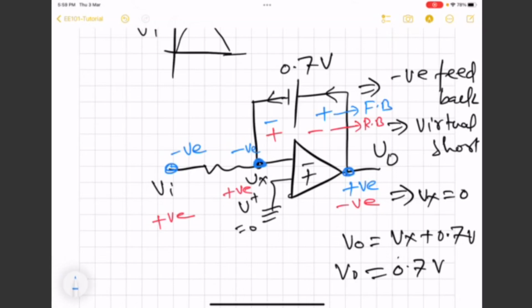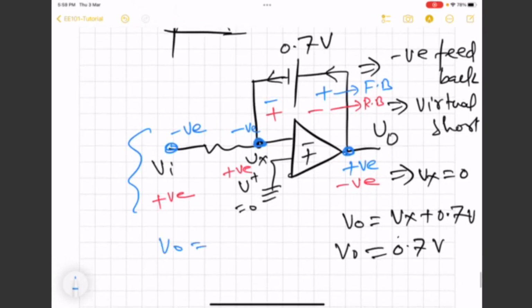So you just pay attention to the polarity of input, and using this you can find the polarity of output, and then guess. You need not do the precise calculation to see that there is enough voltage. Typically it will be there, but in real life one might have to be careful, do the calculation, and see that indeed at least 0.7 volt forward bias is appearing across the diode.